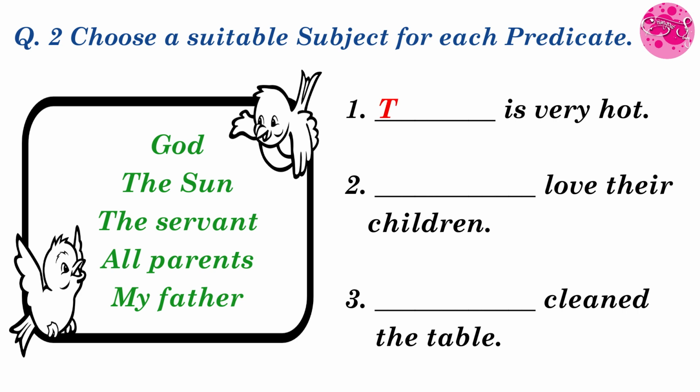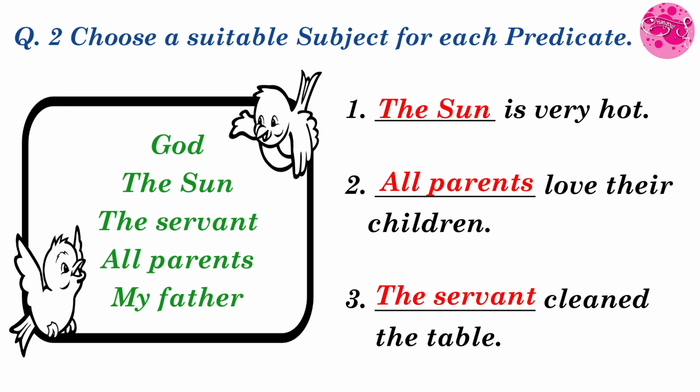What is hot? The sun is very hot. Very good. Number 2, dash love their children. Who loves their children? All parents. So pick up all parents. All parents love their children. Dash cleaned the table. Who cleaned the table? The servant. So right here, the servant cleaned the table.